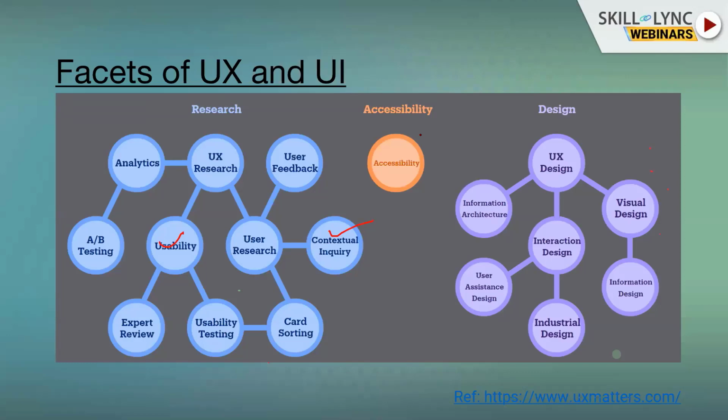Now, as we know, there is the accessibility part. When we say accessibility, this is very important and is coming up very much these days. Remember always, whenever you are giving some solutions, the beauty of design is that you are taking care of each and every user.